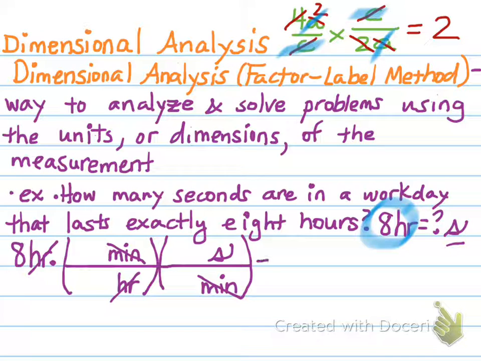So now I see I'm going to be left with seconds, which is what I want. So I know that I'm done in terms of my conversion factors. So this is a conversion factor, and this is a conversion factor. Now, what about numbers? Well, 1 hour is 60 minutes, and 1 minute is 60 seconds. Now, I need you to remember, back to math class again.